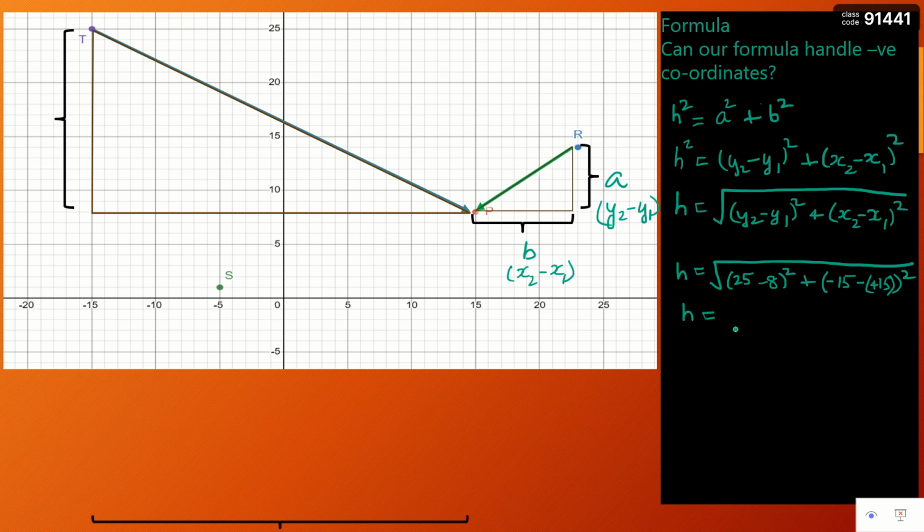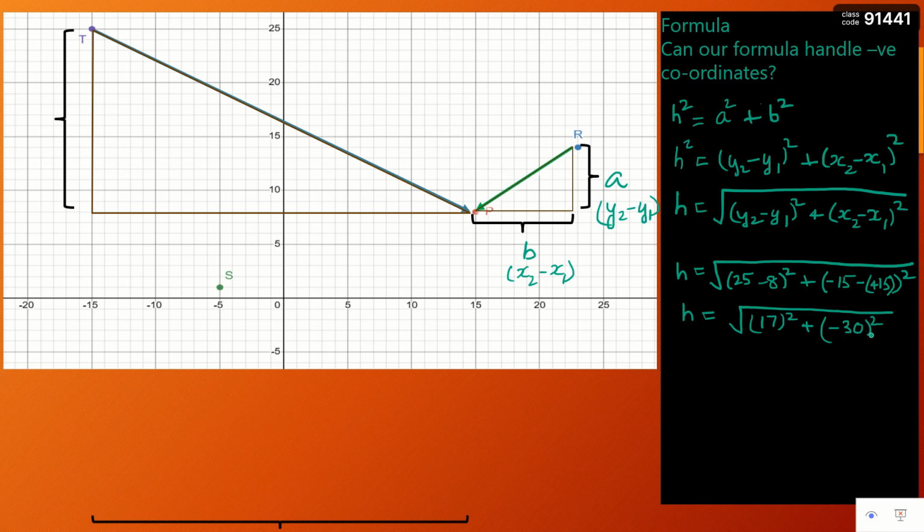Let's look at what this gives us. So 25 minus 8 is 17 squared, plus, now minus 15 minus positive 15. In other words, minus 15 and minus 15 is minus 30 squared.